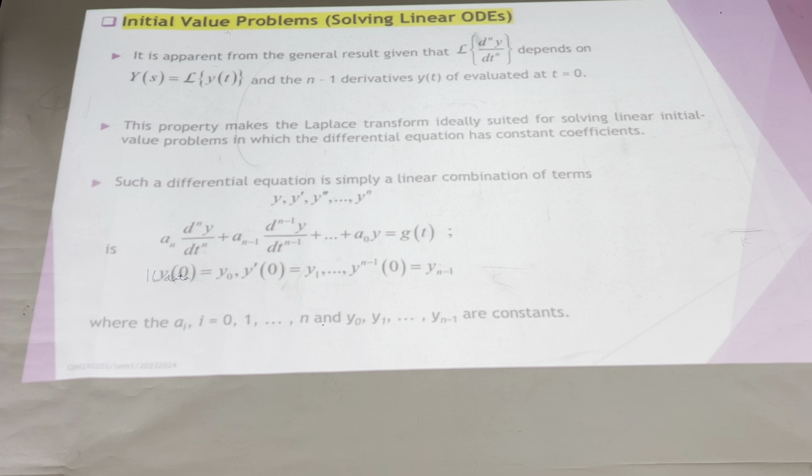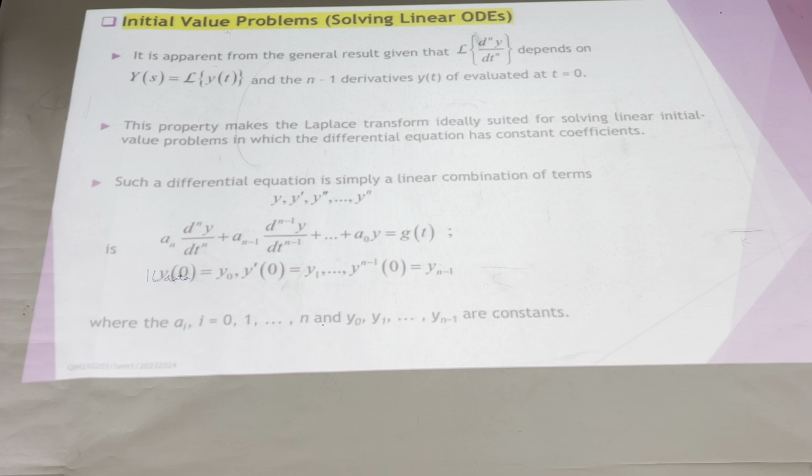So now you have the rational fraction. What you need to do is decompose it. You simplify the rational fraction into simple fractions, using the method that we learned last week.